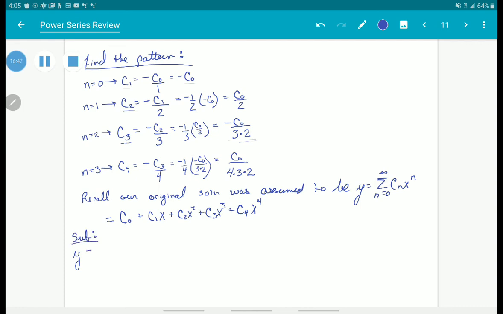So we make our substitution here for y. So our c sub 0, that one's pretty much going to stay the same. But c1, we said was negative c sub 0, negative c naught. We said c2 was c naught over 2.